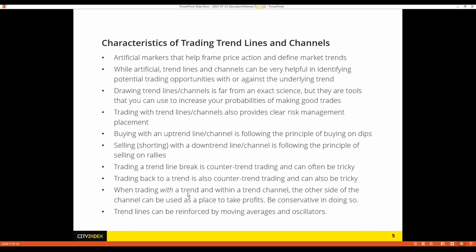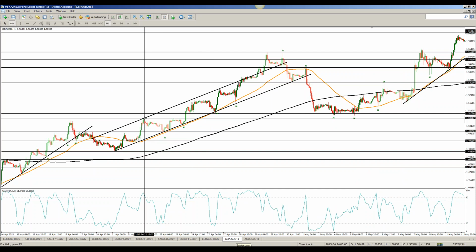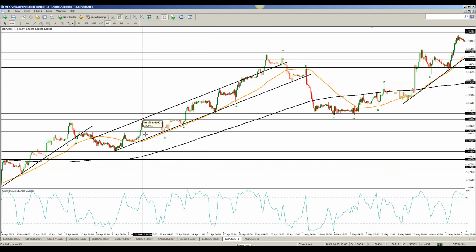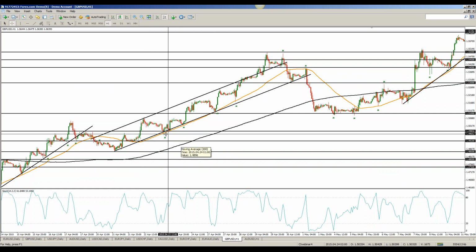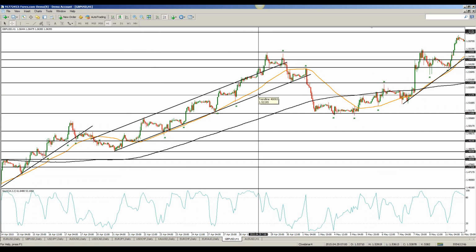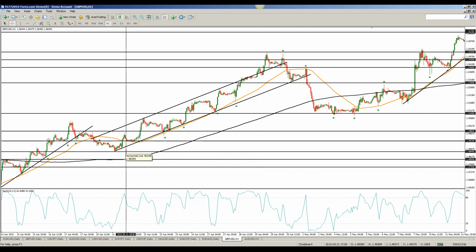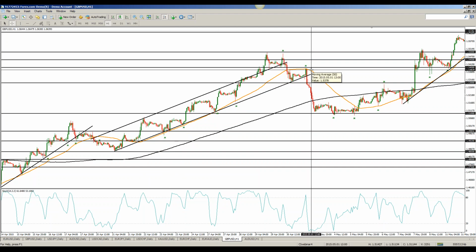Okay. Let's see. And also trading back to a trend is also counter trend trading and can also be tricky. Some of you may say, what's so tricky about trading short at the top of an uptrend channel? Well, here it worked out just fine. But again, I like to play with how I view the market, which is: you've got a trend, you've got pullbacks based on profit taking or short-term consolidations within the trend, and then continuations of the trend or a breakout below the trend.